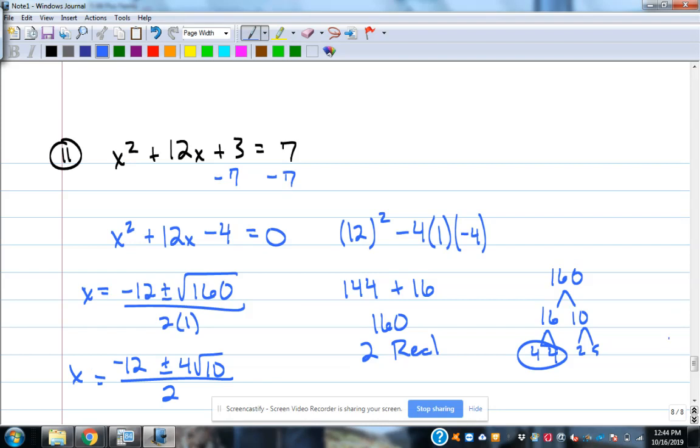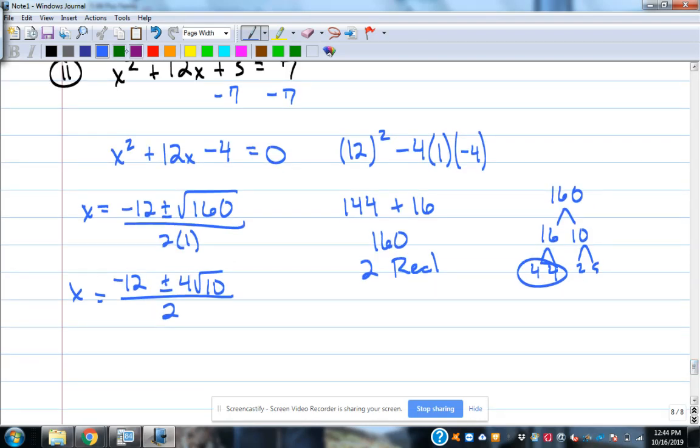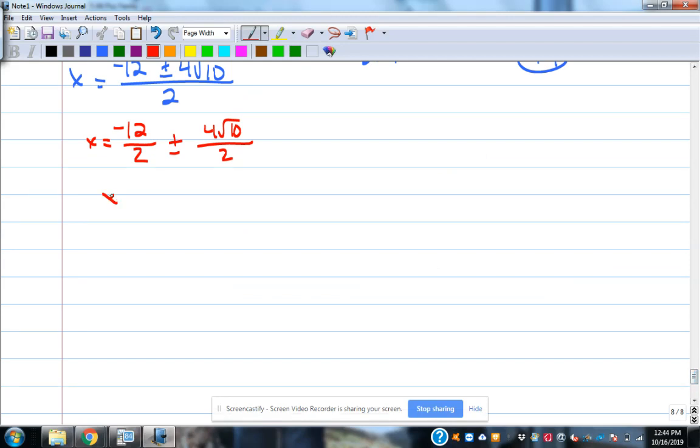What do I do from there? Split it up. Negative 12 over 2 plus or minus 4 radical 10 over 2. That'd be negative 6 plus or minus 2 radical 10. Easy to do, right?